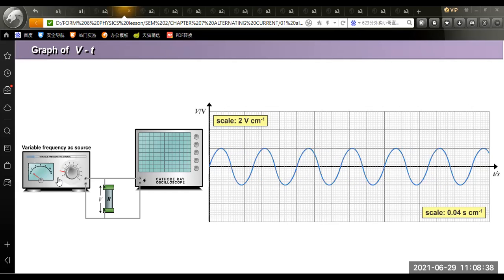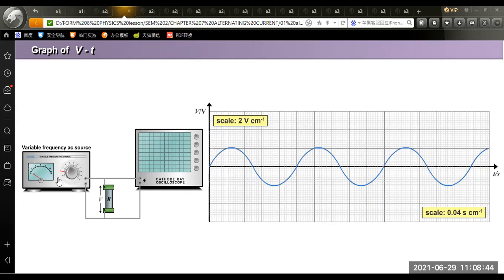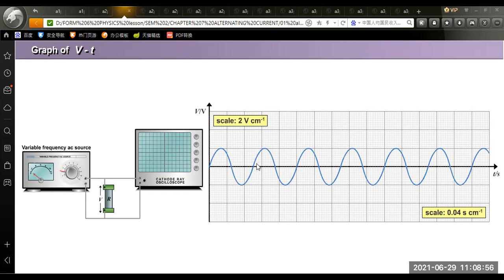What happens if I increase the frequency or increase the amplitude? If the frequency increases, the number of complete oscillations, here 3 plus, will increase. Now it increases to 1, 2, 3, 4, 5, 6, that means 6 plus, so the frequency is doubled.